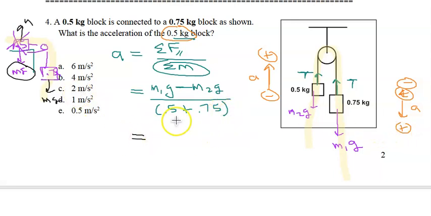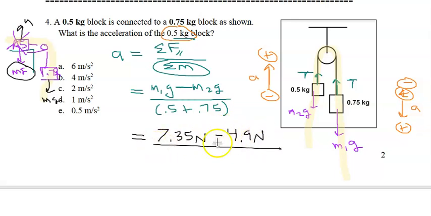Okay, I know you know how to calculate weight, so what you get is 7.35 newtons pulling it clockwise, minus 4.9 newtons trying to pull it counterclockwise, over 1.25 entire kilograms of inertia, and you get an acceleration of 1.96 meters per second squared.